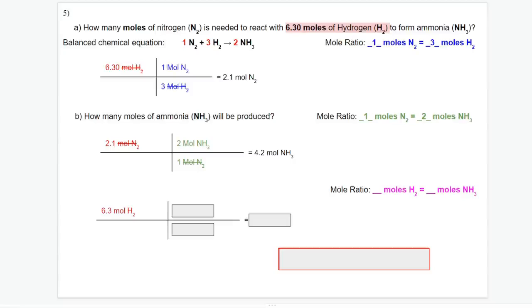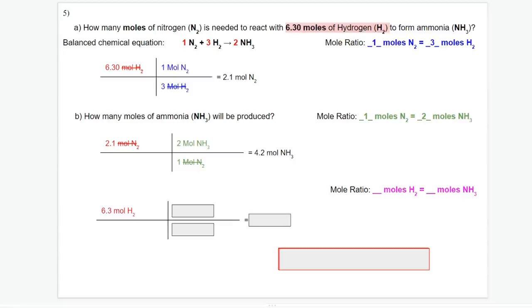But that's not the only way that we can solve a problem like this. In part B, it asks you for the mole ratio for moles of N2 to moles of NH3, which you're able to get easily by pulling the coefficients out of the balanced reaction.